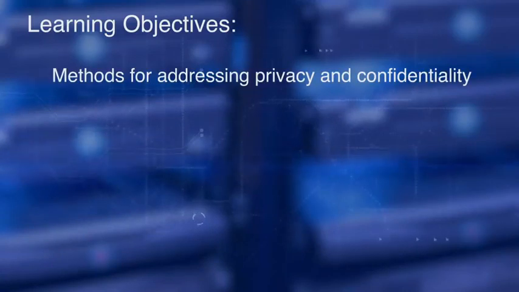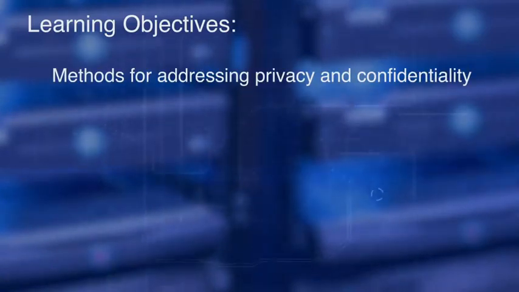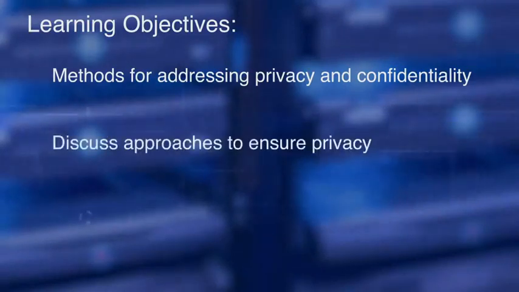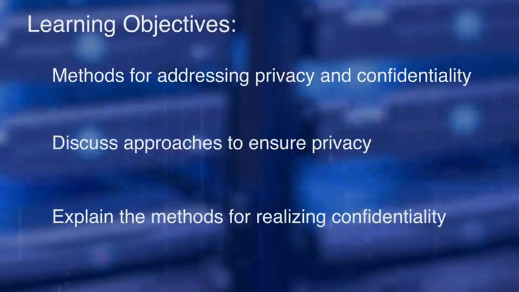In this lesson, we look at methods for addressing privacy and confidentiality. On completion of this lesson, you will be able to discuss the approaches to ensure privacy, and explain the methods for realizing confidentiality, both in the context of blockchain.